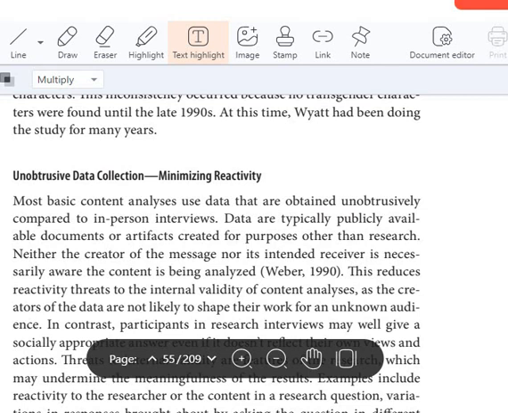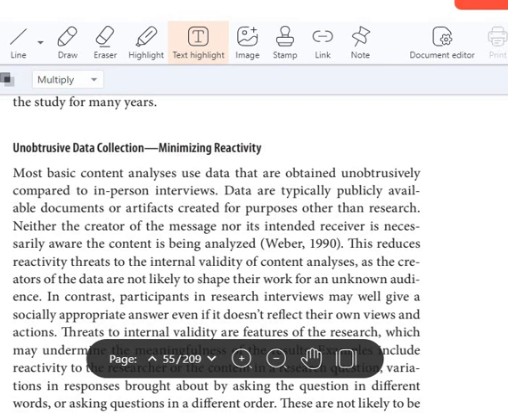What about unobtrusive data collection, minimizing reactivity? In short, we should understand that basic content analysis uses publicly available documents or artifacts created for purposes other than research, reducing reactivity threats to internal validity.